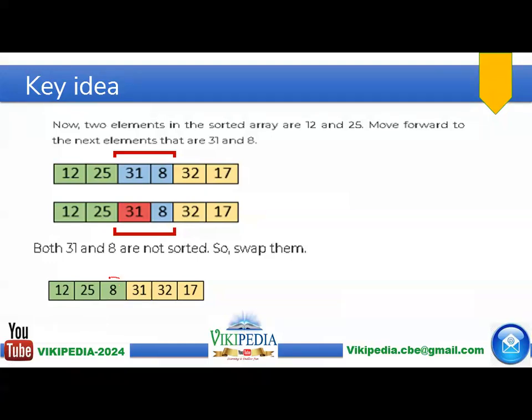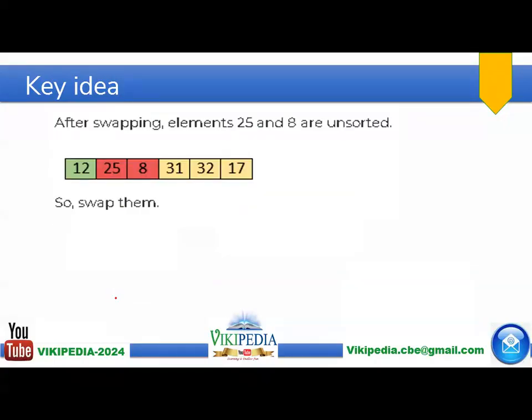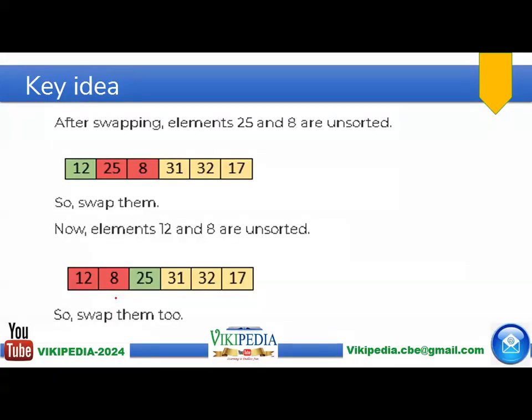As already mentioned, after swapping you should also compare this element with the remaining sorted elements. Here there will be a violation. When you compare 25 and 8, this is unsorted. So swap, which means 8 moves one step towards the left.